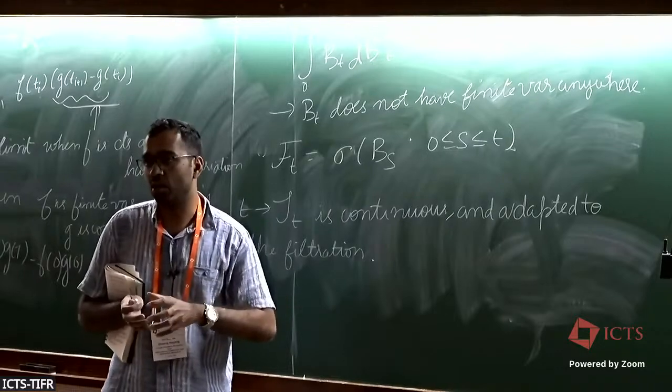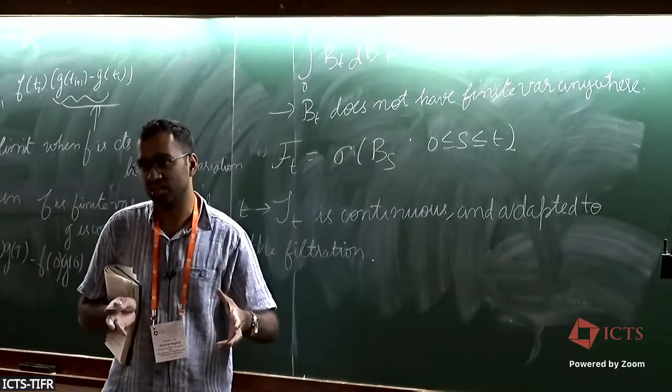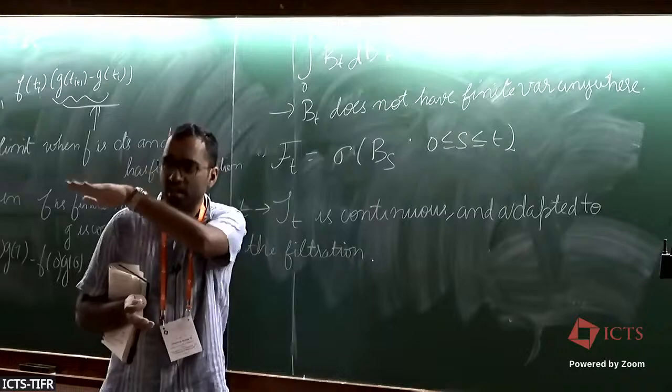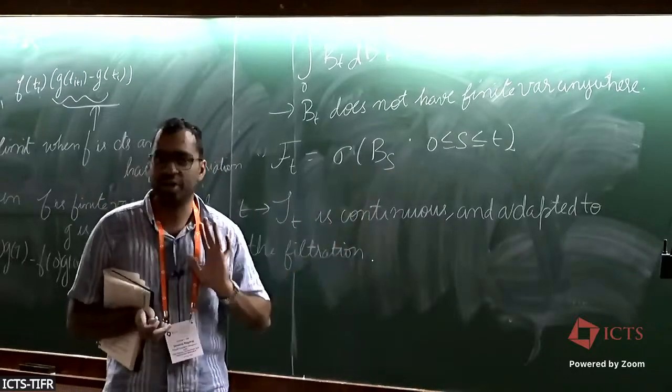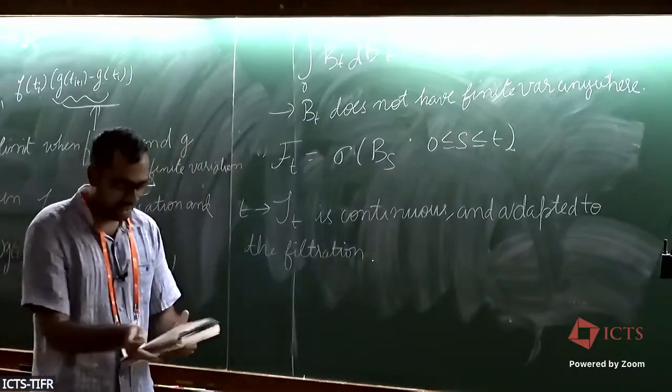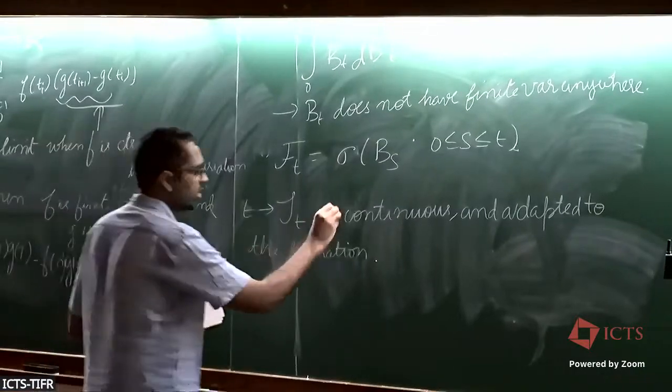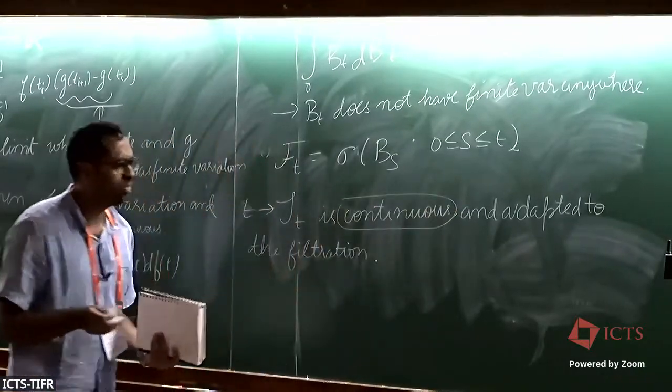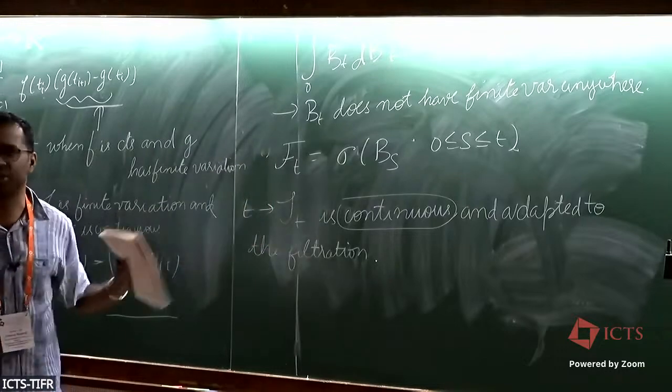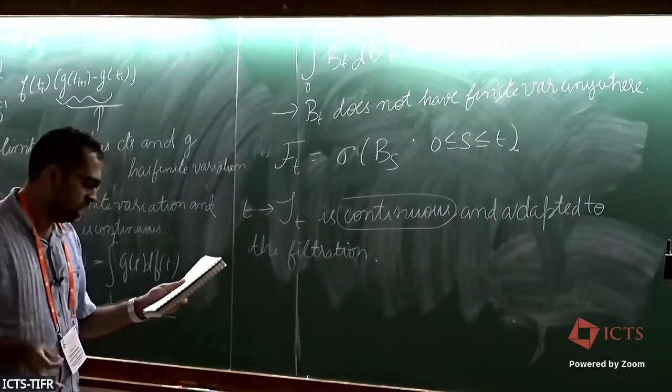You can consider all the sigma algebras of all of these, and take a union and complete it. That's what this quantity is, right? Actually, this continuity assumption is not required. We need something called progressively measurable, but let's deal with continuity for now. We won't make it too hard.